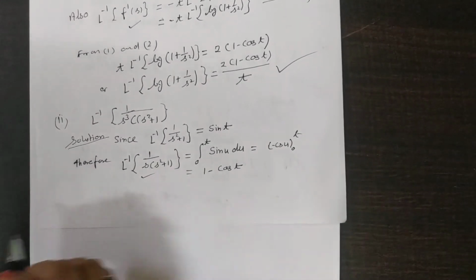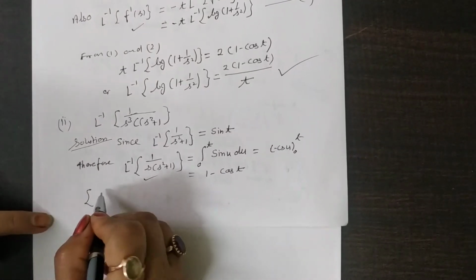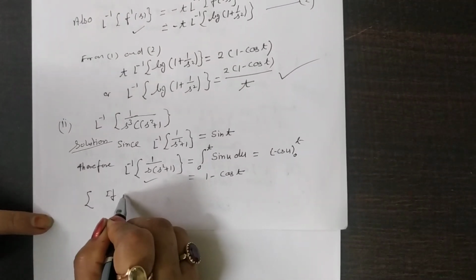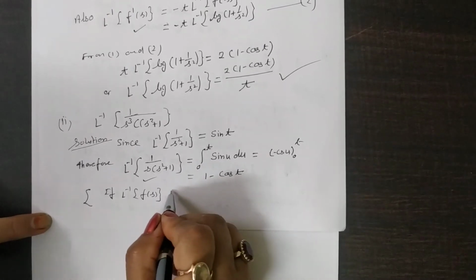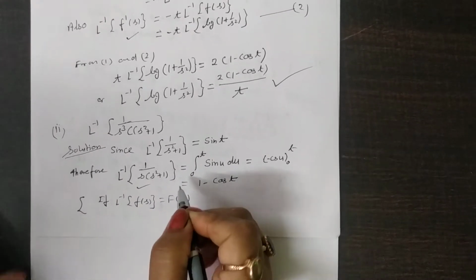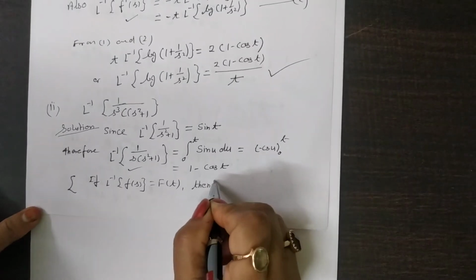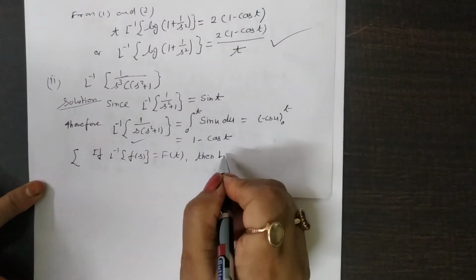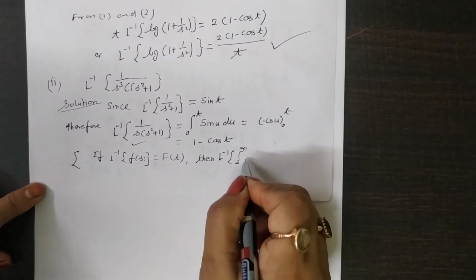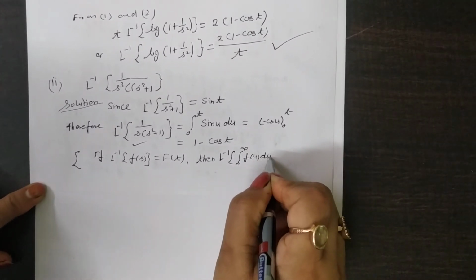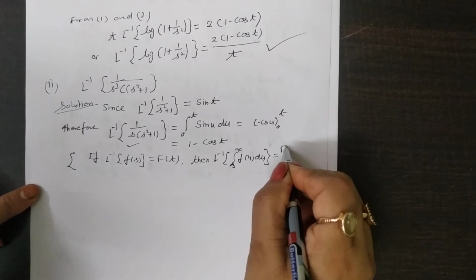In short form, we have defined: if Laplace inverse of F(s) is equal to f(t), then Laplace inverse of the integral from s to infinity of F(u) du is equal to f(t)/t.